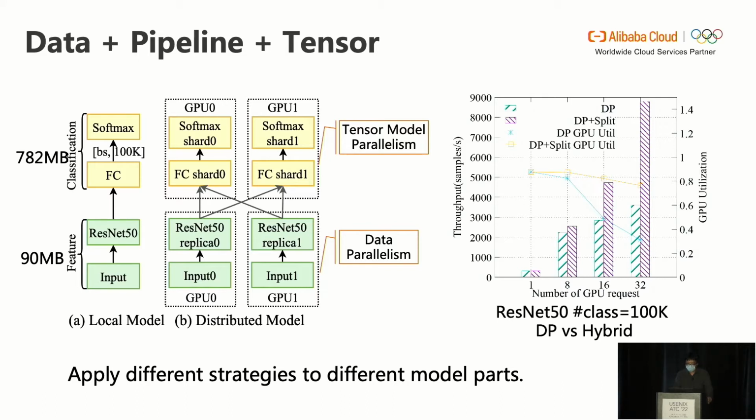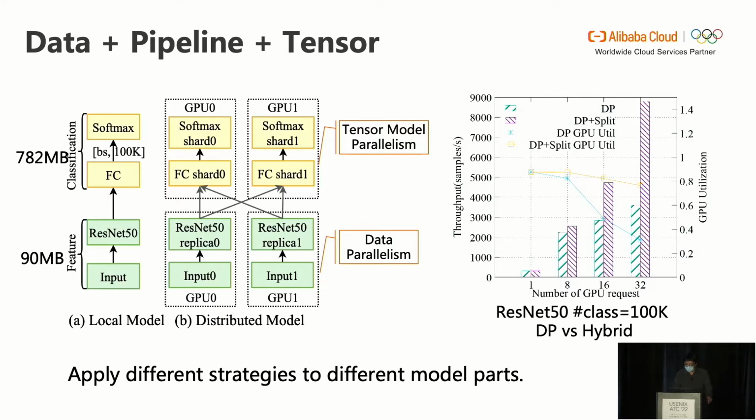Here is a large-scale image classification model with 100,000 categories. In this model, the fully connected and softmax layers are 10x larger in model size compared to the image feature extraction backbone.